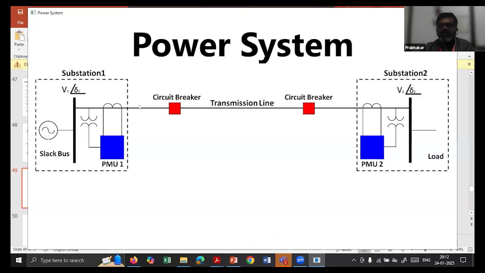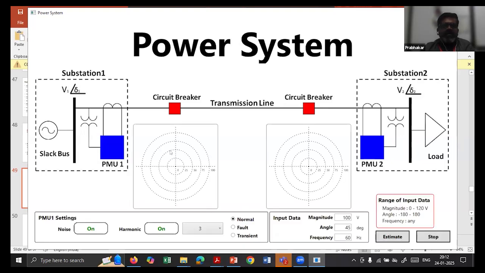So there are two substations where two PMUs are connected. I hope you have already started having the basics on PMU. So that's one reason why I went directly to this video slide.